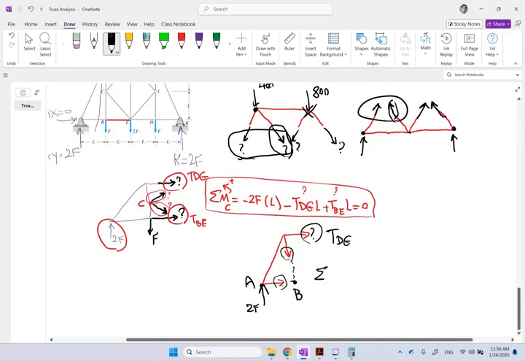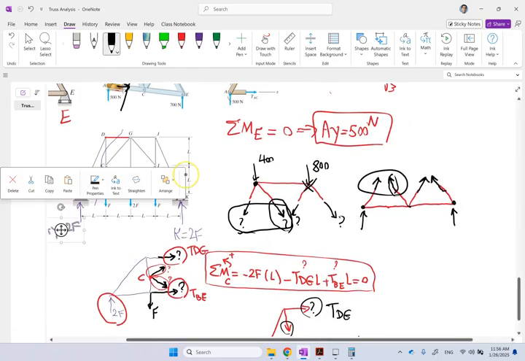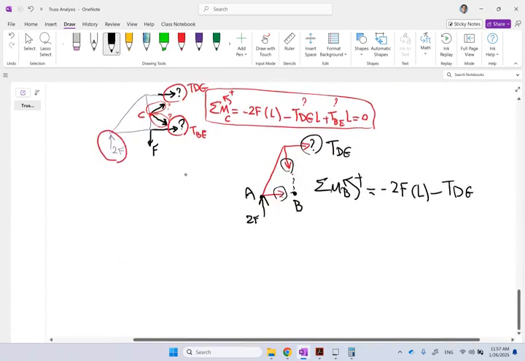So here I do some moment about B in this cut. And clearly you have a negative 2F times L, and then another negative, sorry, negative, because that is also clockwise, negative TDG, and that is times 2L, right?